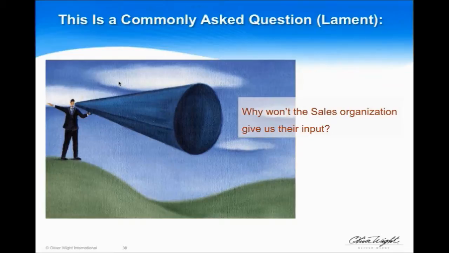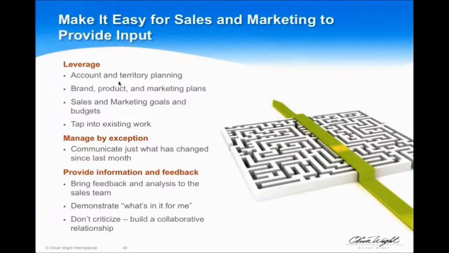Another effective remedy is for the demand planning organization to change its mindset around its role in the planning process. And one role of the demand planning organization is to make it easy for sales and marketing to provide its input.